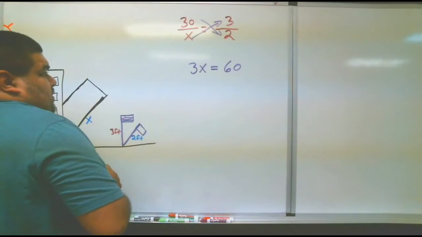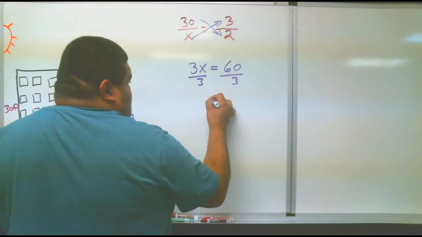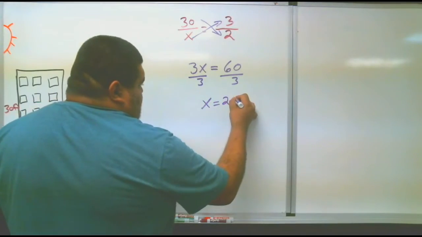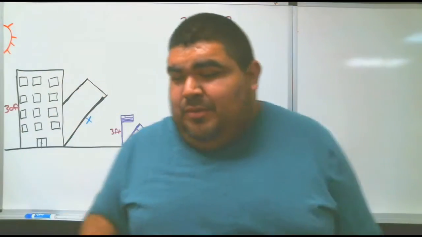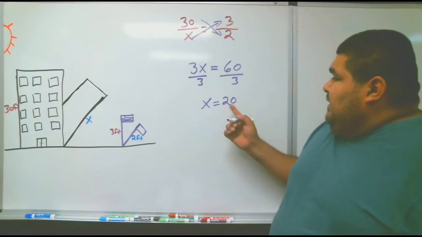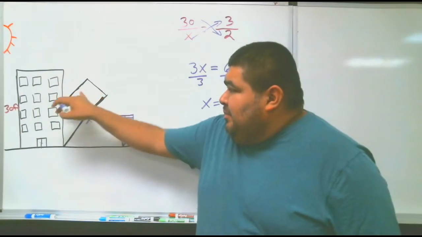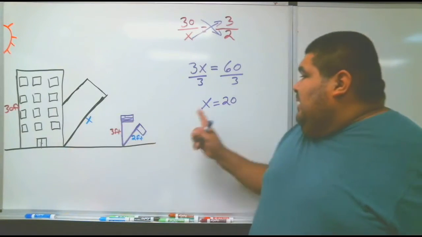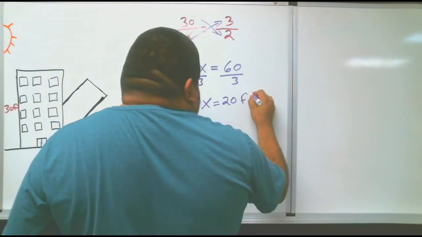To solve for x, we divide by 3. So x equals 20, because remember, 3 can go into 60 20 times. Therefore, the shadow of the building is 20 feet tall. 20 feet.